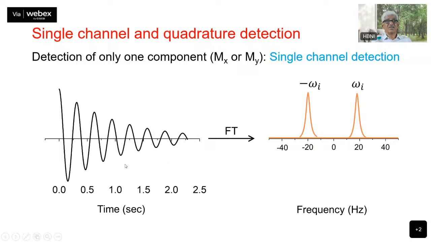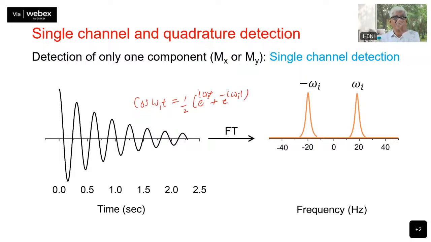What do I get? Because the FID is cosine omega i t. This is equal to half e to the i omega i t plus e to the minus i omega i t, right?